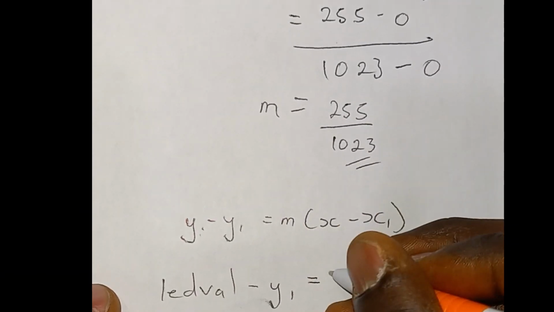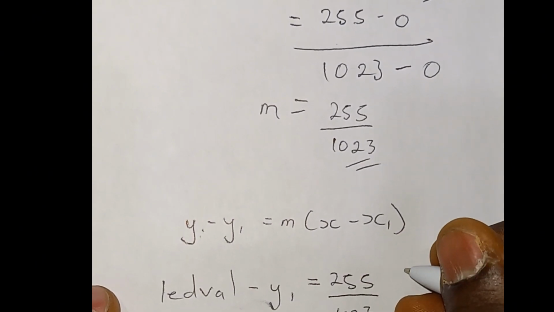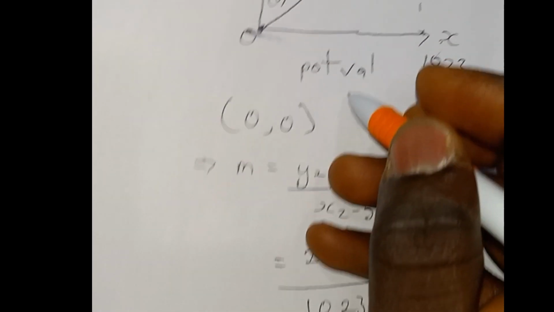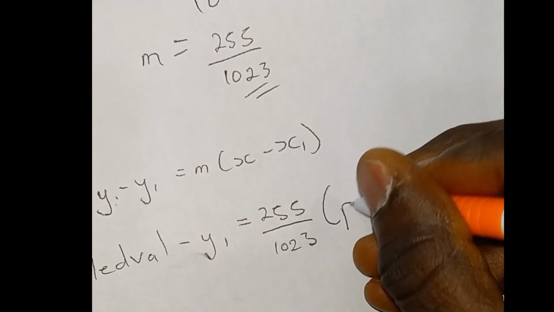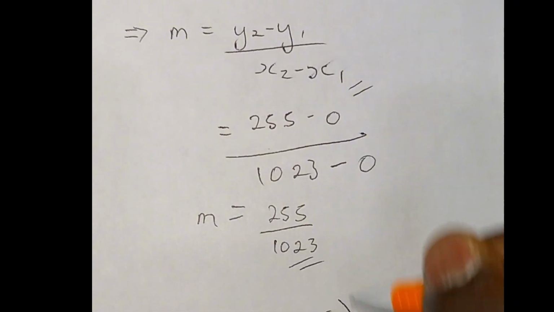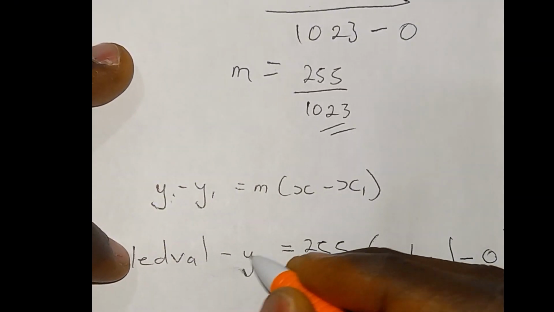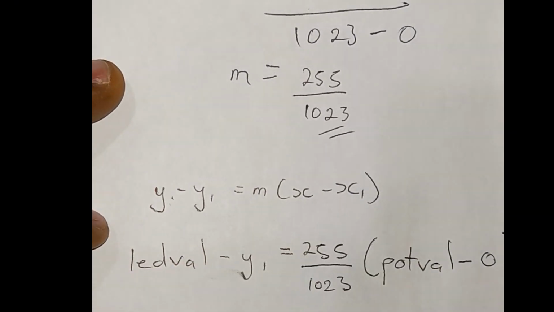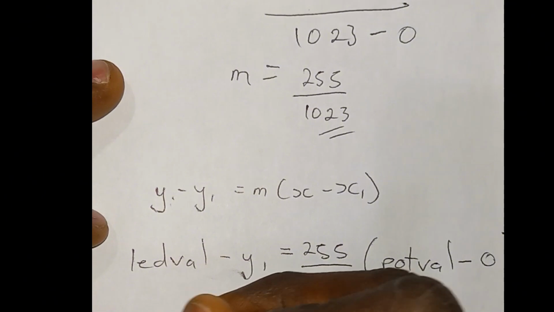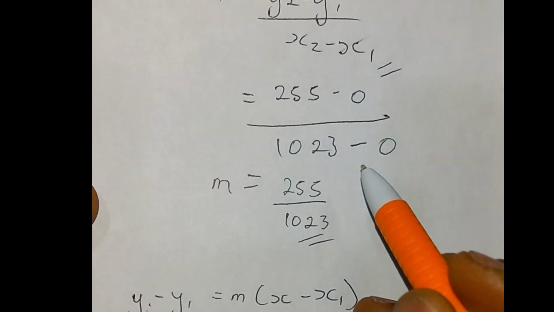Our gradient is 255 over 1023. And we have x. So what's x? Pot val minus x1, which was 0. I forgot, I should have just put that directly in there, but let's just move on. Remember y1 is 0, right? y1 is 0.